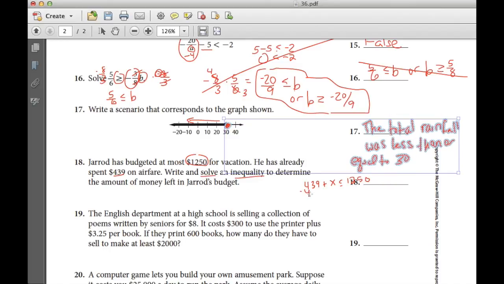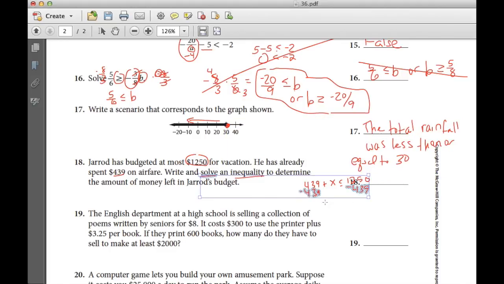So if I take away 439 from both sides, we have that Jared has less than or equal to 1,250 minus 439. He has less than or equal to $811 to spend. So x is less than or equal to $811.